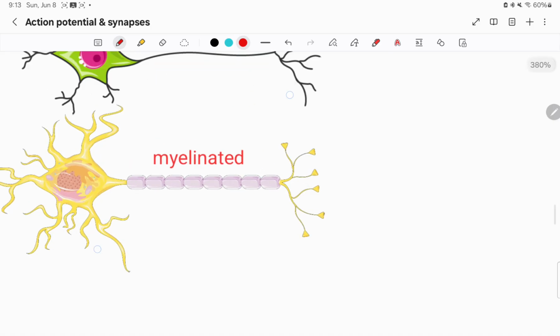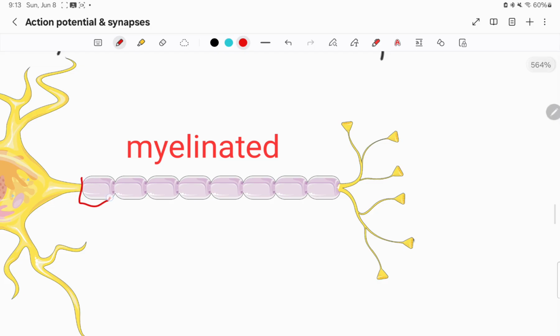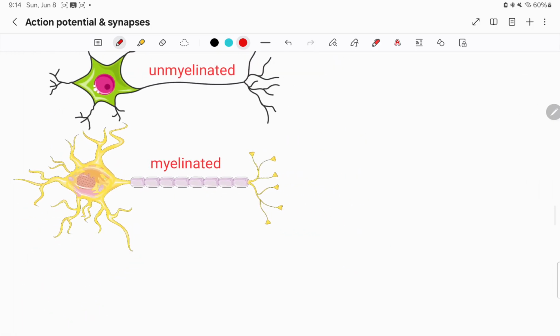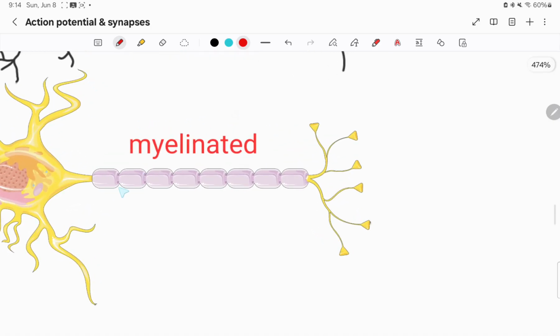Well, if I have this giant, fatty, lipid myelin surrounding this axon, the plasma membrane of that axon, do you actually think that I'll be able to plug in any voltage-gated channels where these guys are sitting? No, the myelin is occupying all that space. So because of the presence of this myelin, the only place that has voltage-gated channels is the nodes of Ranvier.